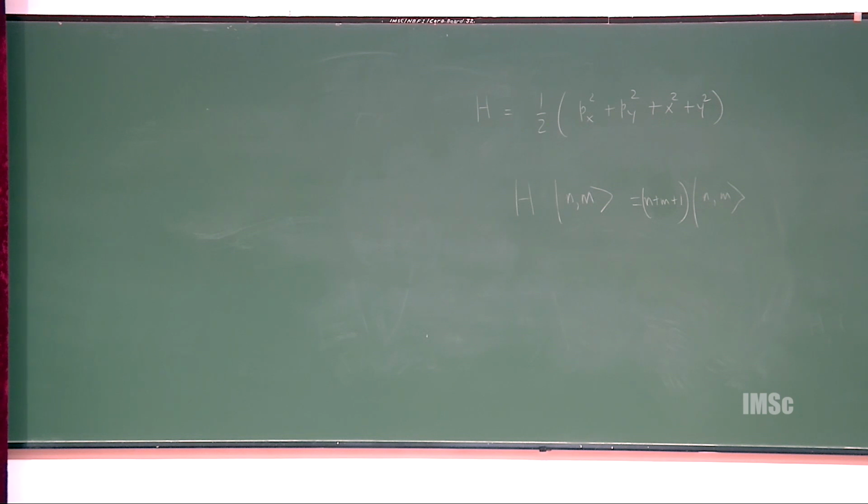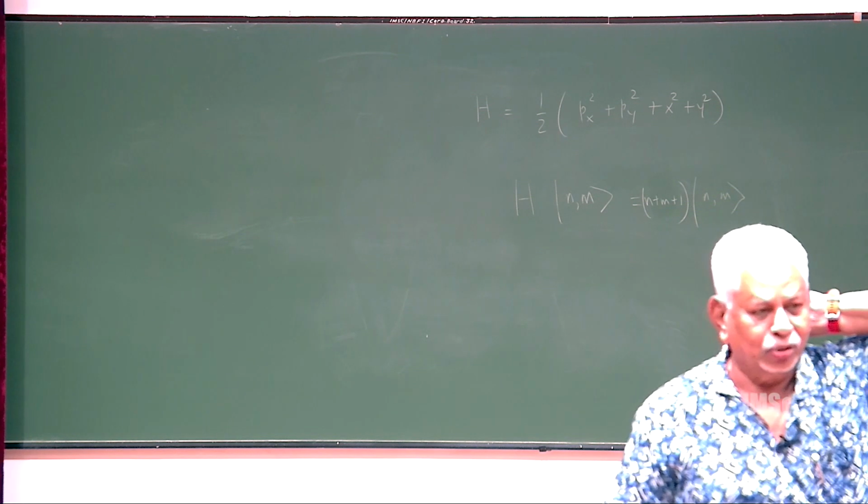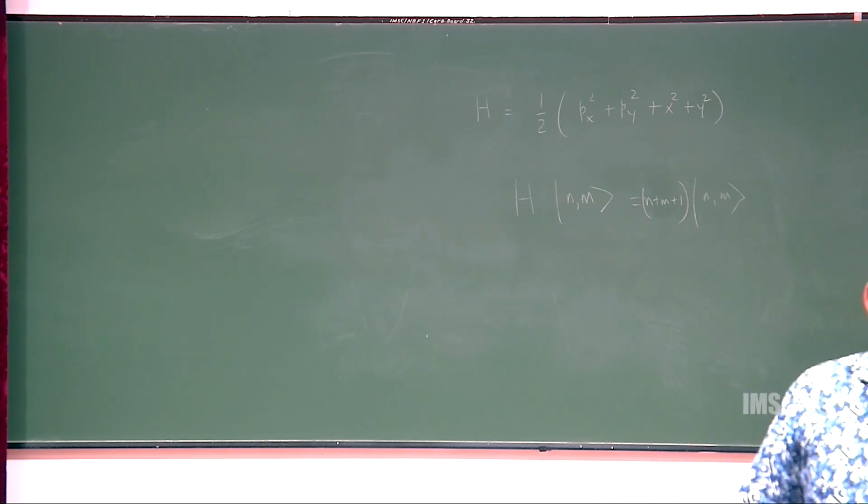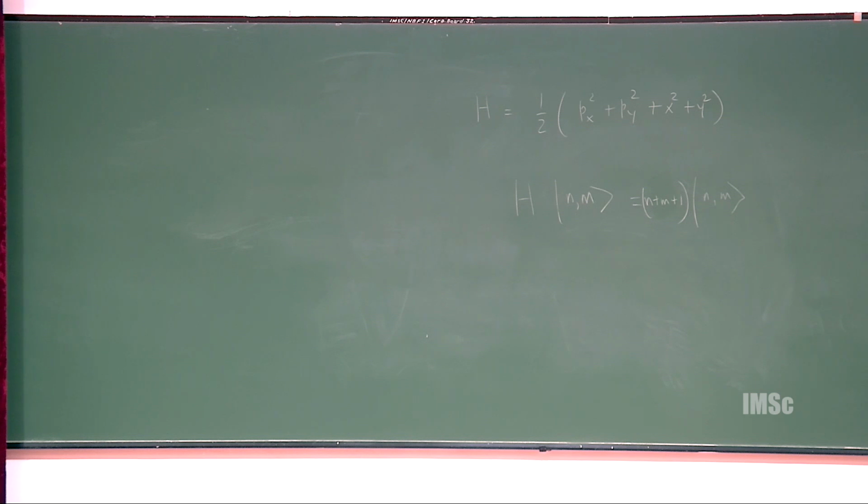Is that clear to everyone? Because I am going to ask further questions. If you say yes, you should answer the question also. Better say no. Is that okay? You are ready? So what is the lowest state, the ground state?